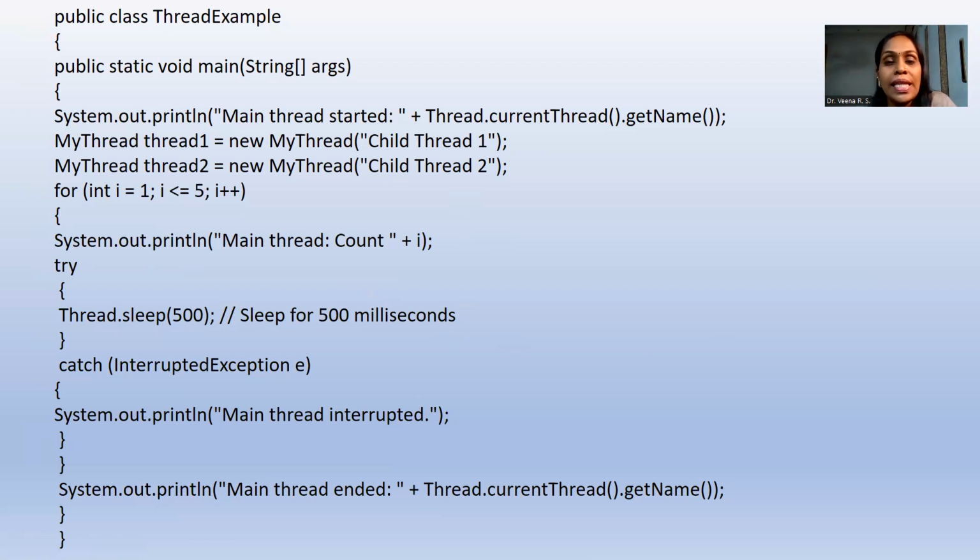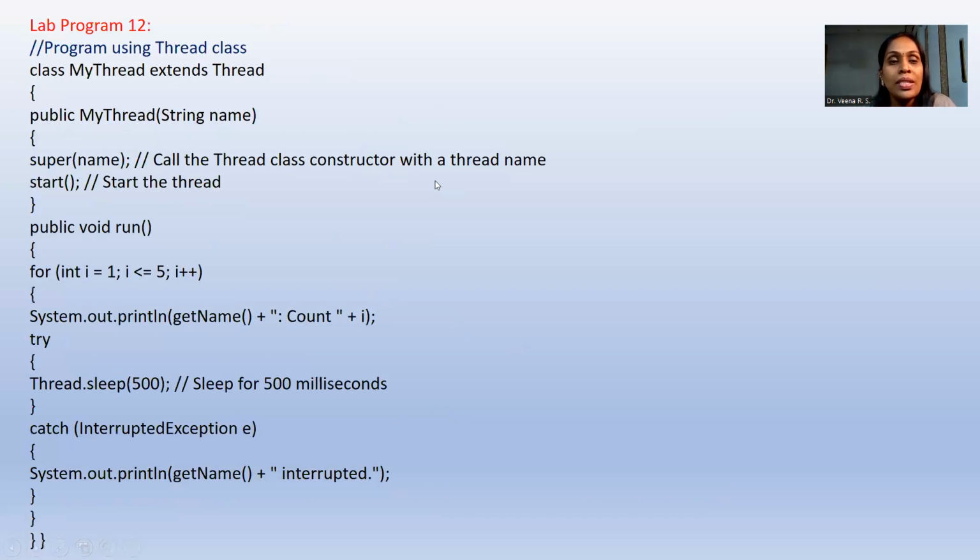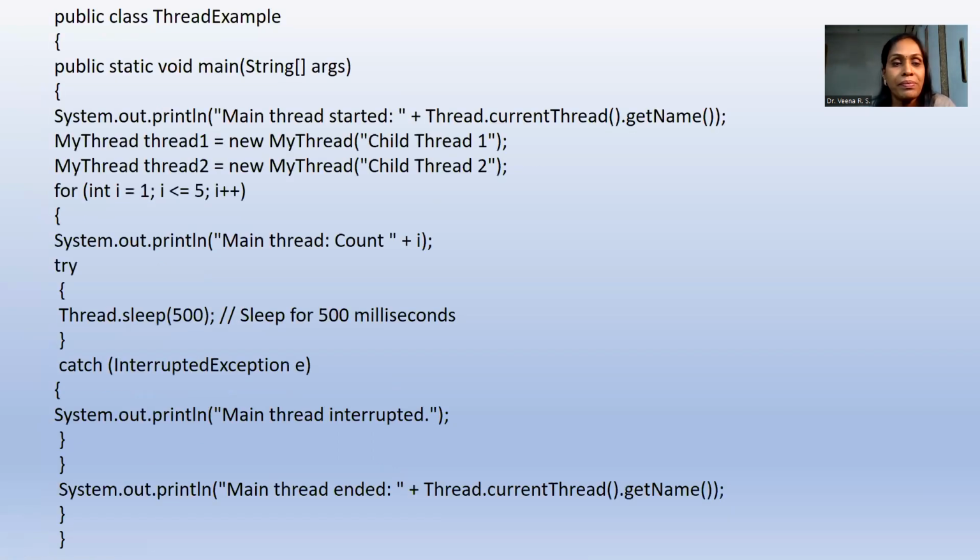Whatever string value you pass in the constructor will act as the name of the thread. So thread 1's name is child thread 1 and thread 2's name is child thread 2, because whatever parameter you pass in the MyThread constructor becomes the name of the thread, since you pass that name to the superclass constructor.